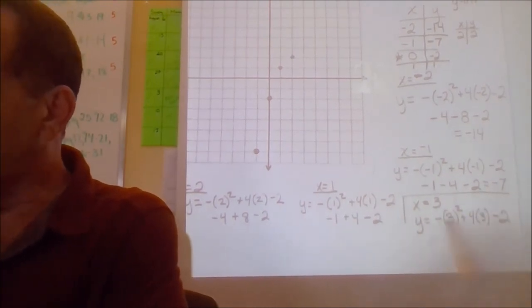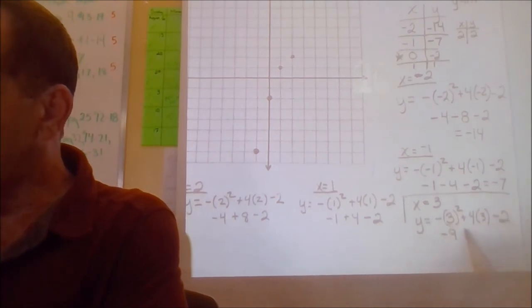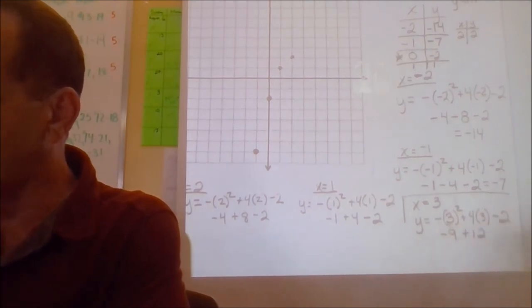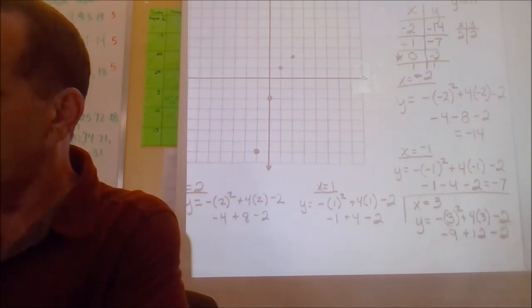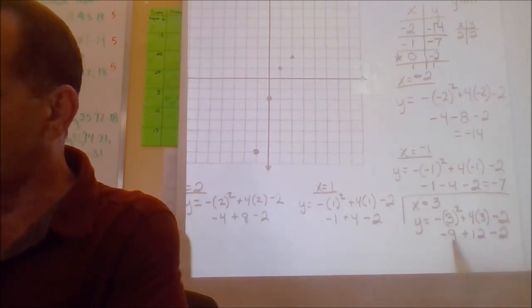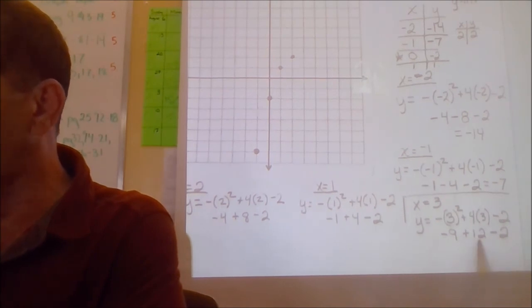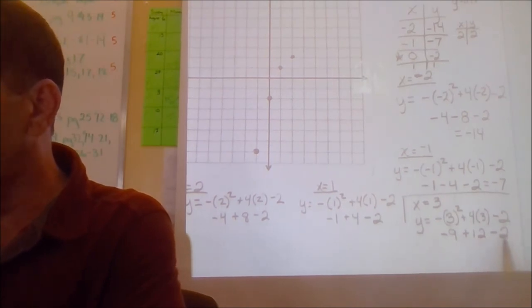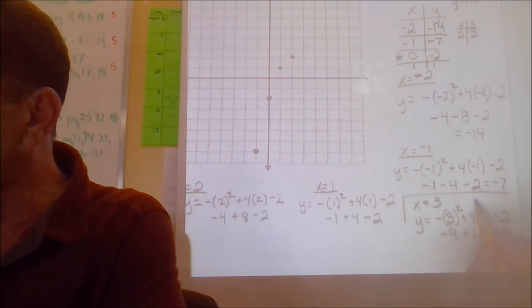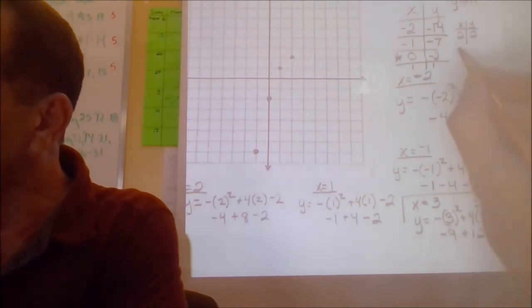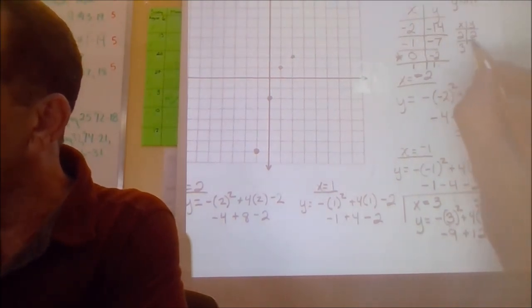That's 9, but we've got that negative 9 plus 12 minus 2. So we've got 12 minus 9 minus 2, and that's really 12 minus 11, which is 1. So when x equals 3, y equals 1.